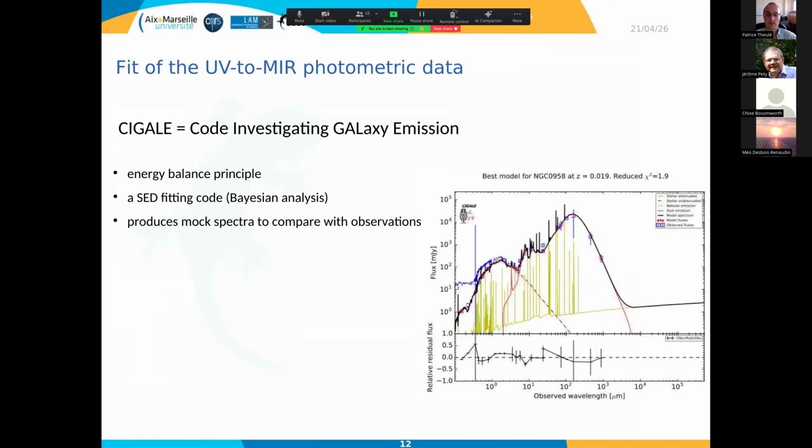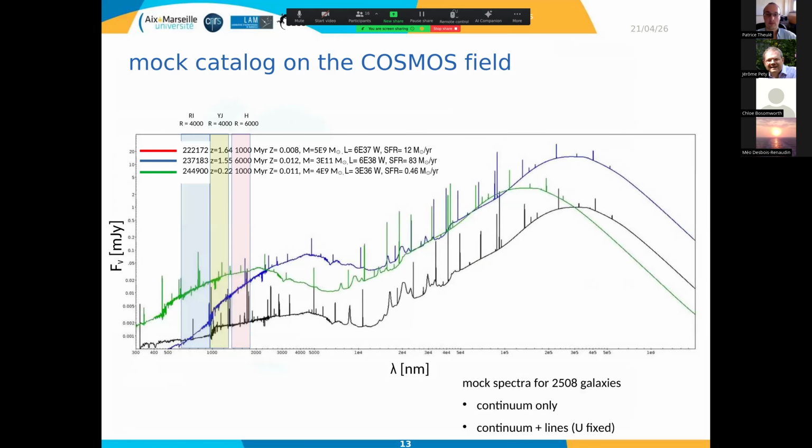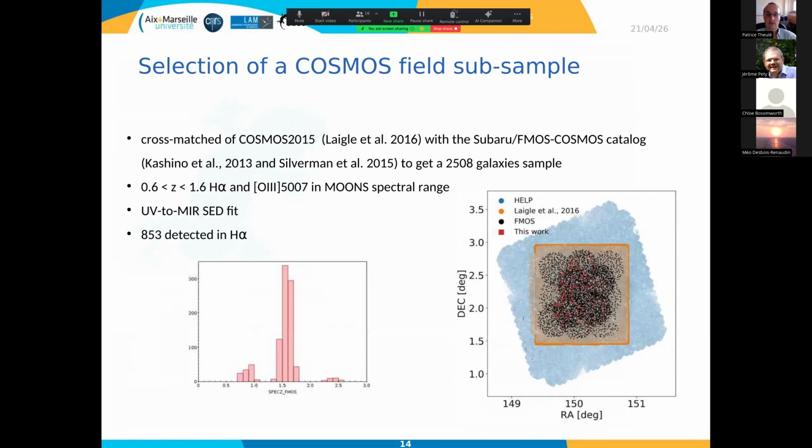So having that, we can use Cloudy to synthesize the library of spectra and put it in CIGALE, which is a SED fitting code which can do Bayesian analysis. And we can either produce synthetic spectra, or if we have data, here is a cross-match between the COSMOS catalog and the FMOS catalog, where we have line emission for H alpha and oxygen.